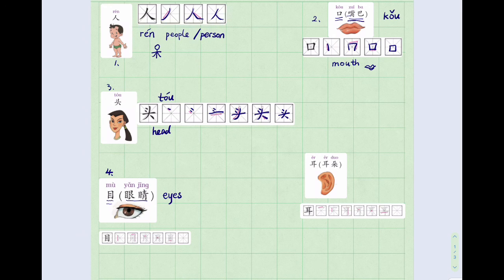How to write more? 1, 2, 3, 4, 5. 5 strokes, we have mù. This is mù.